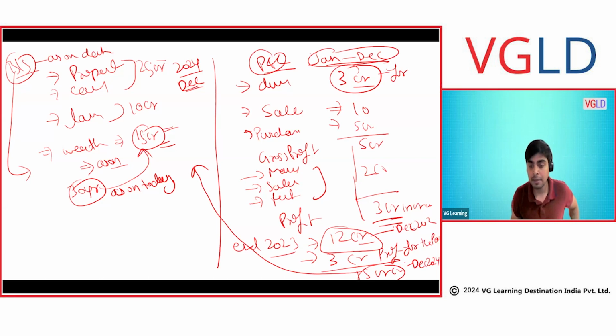My December 2023 wealth was 12 crore, and my December 2024 wealth was 15 crore. How did my wealth increase from 12 crore to 15 crore? Because of the profit I made. I made a 3 crore profit. Clear now? So profit is always for a period. Balance sheet is always as on a date.